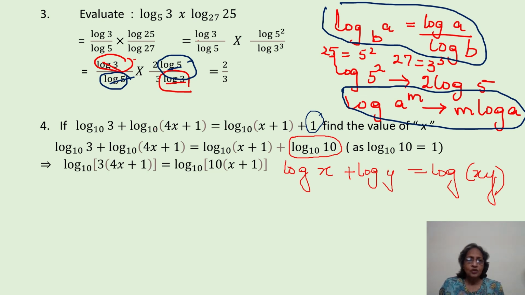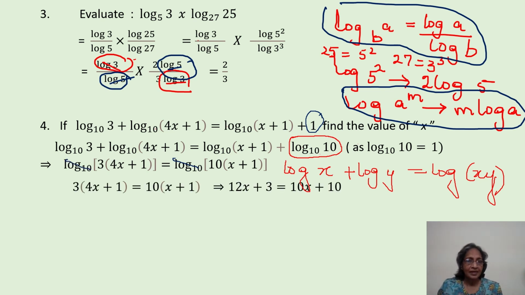So what happens over here? You will see that there is a log 10 and a log 10 on your LHS and RHS. Now you don't need to cancel it, but mentally just put it off. And what you get is 3 into bracket 4x plus 1 is equal to 10 into bracket x plus 1. Solve this as a linear equation and you will get your answer as 7 upon 2.